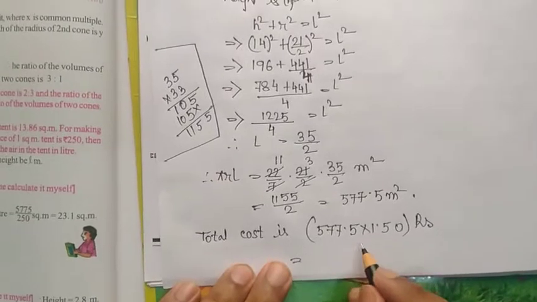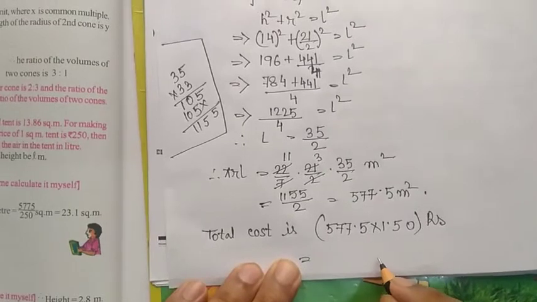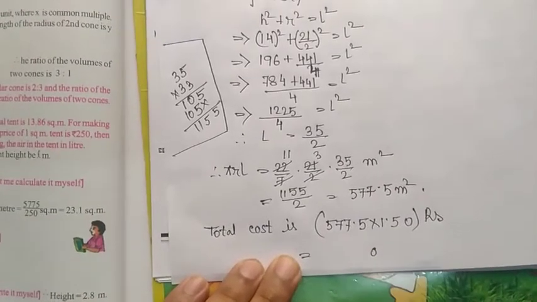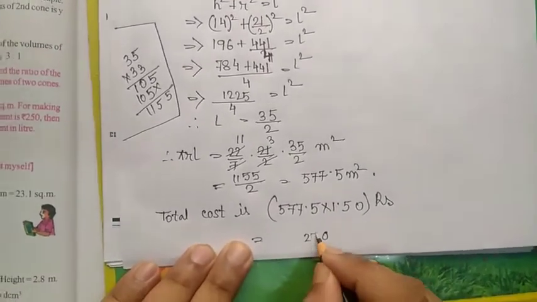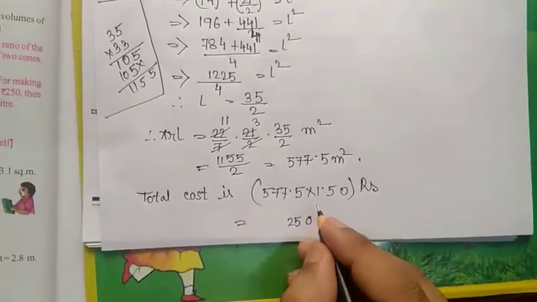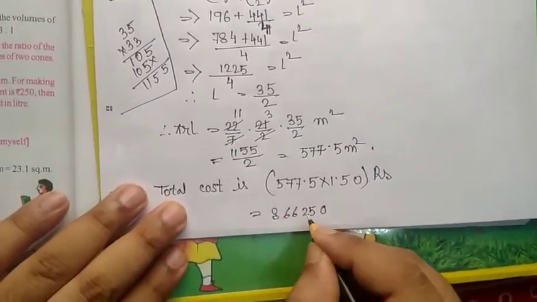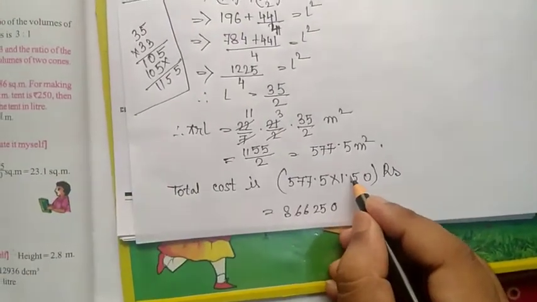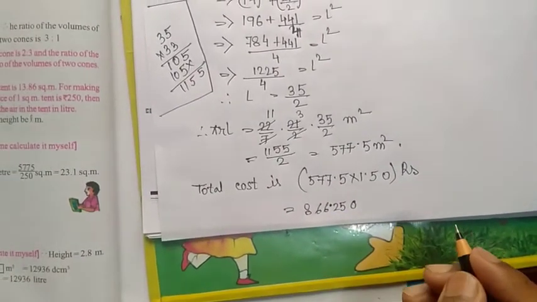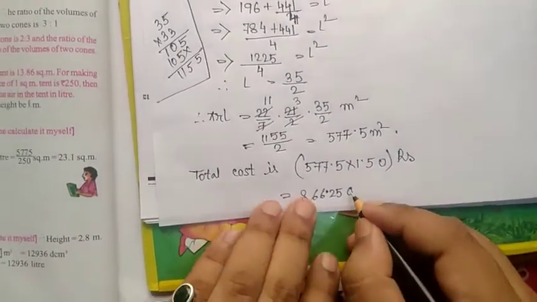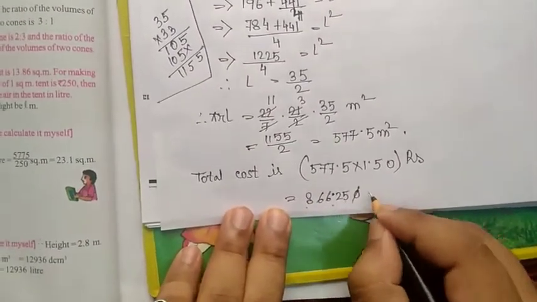Multiplying by 15 first, we get 866250. Now we put the decimals: 2 decimal places and 1 decimal place, so 3 decimal places. So the answer is 866.250. Therefore the total cost is 866 rupees 25 paisa. So this is the answer.